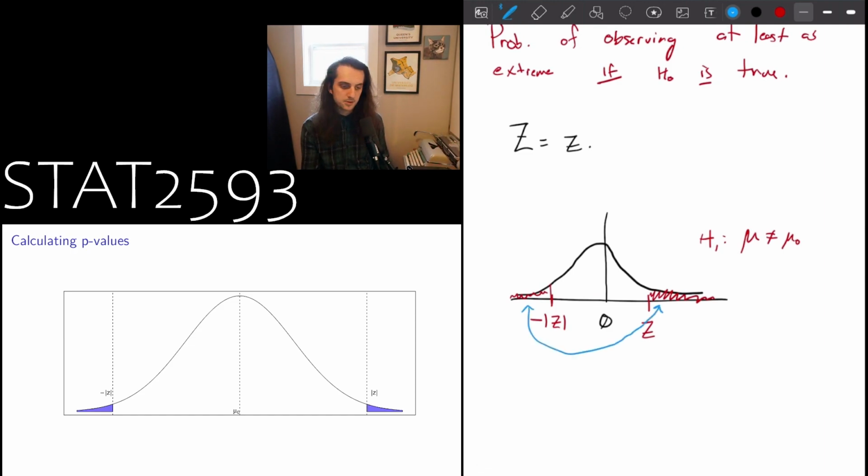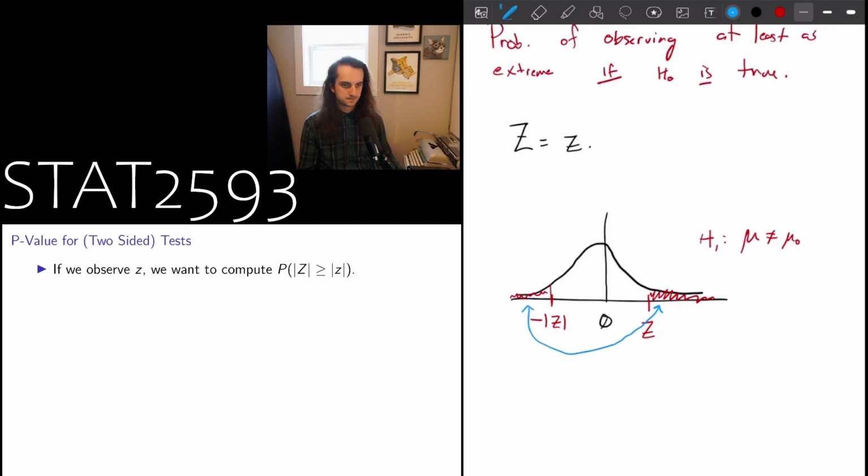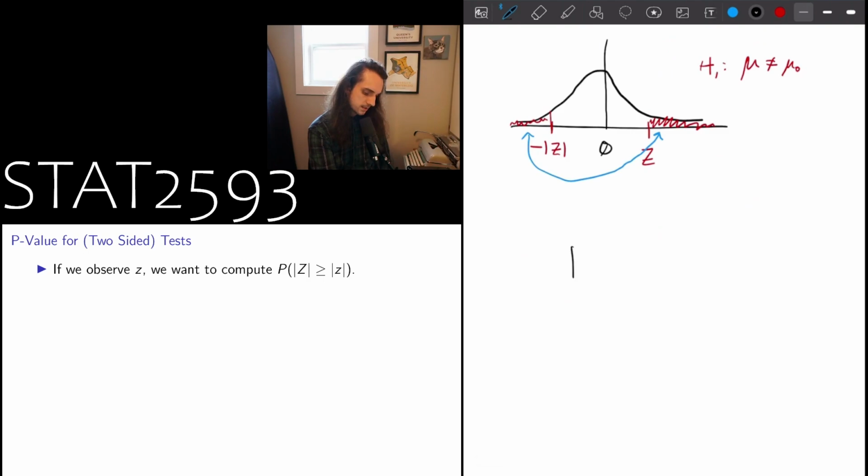So we can fill in the upper tail, we can fill in the lower tail. The p-value is going to be the sum of those two areas. And so, in particular, what that's going to mean is that we want the probability that the absolute value of our normally distributed variable is at least as large as the magnitude of the statistic that we observe.